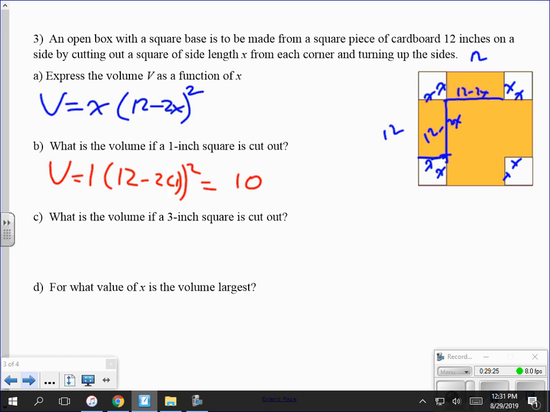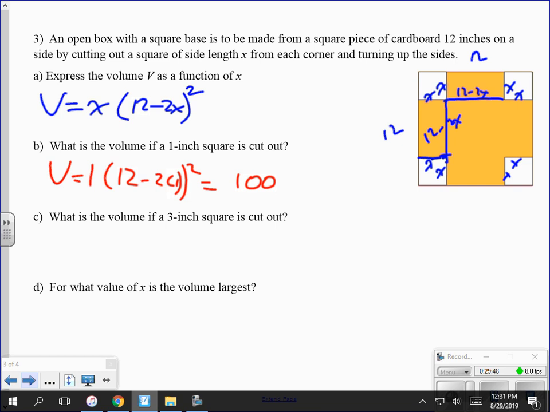You get 100. Yeah, it's 100 cubic inches, because we're measuring in inches. It does say inches. I'm not really worried about the units at this point. I'm more interested in the math that finds the units.